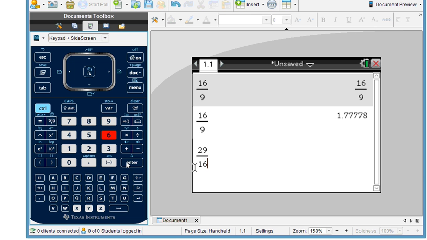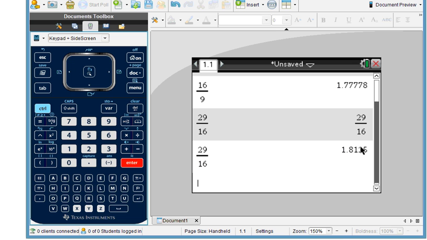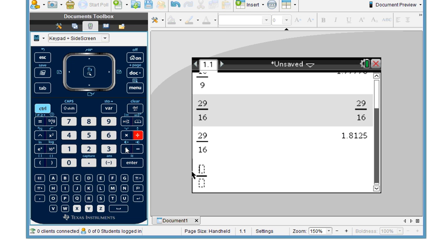What is that going to be? 1.81, so that doesn't look the same. Last one we're going to take is 52 divided by 29.